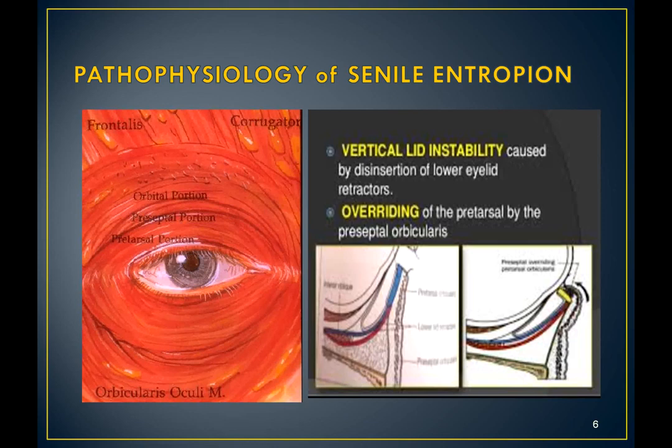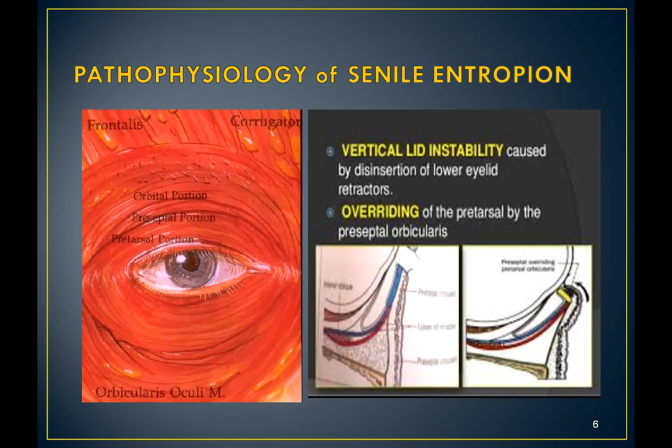Horizontal lid stability is maintained by the orbicularis muscle and vertical by the lower lid retractors I had mentioned in this picture, the red muscle extended from the aponeurosis of the inferior rectus.